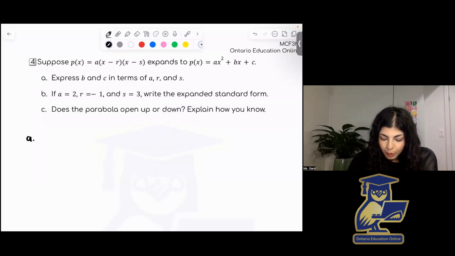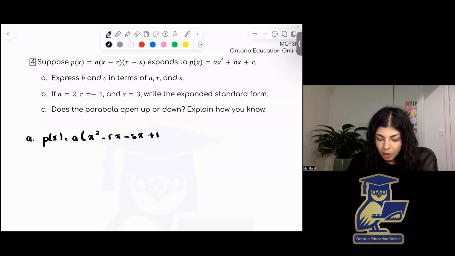So pretty much what we want to do is take P of x and expand it. So we get x squared minus rx minus sx plus rs, and then distribute that a to get ax squared minus, and okay, let me go back a step because here I'm actually going to factor out.